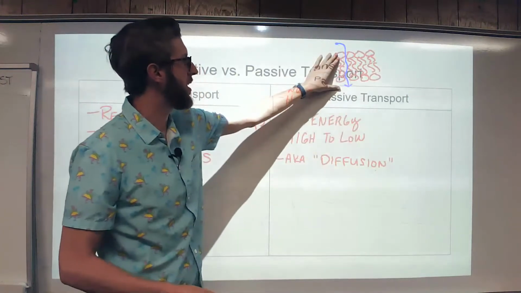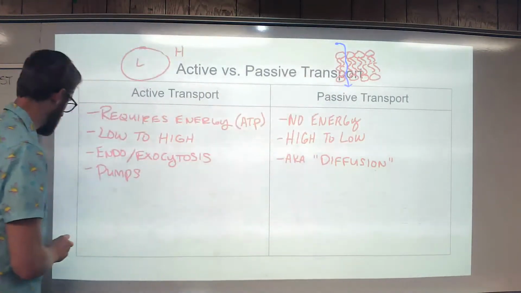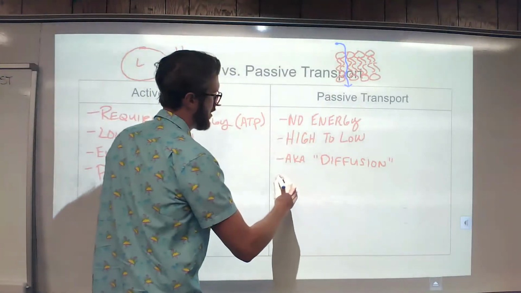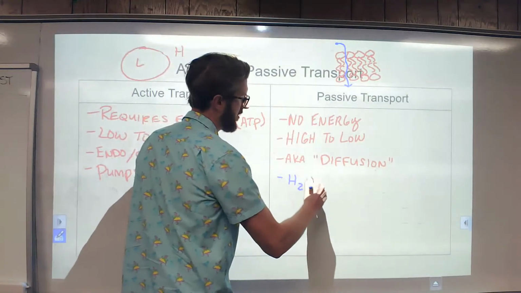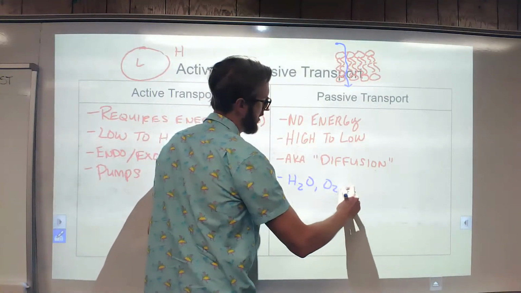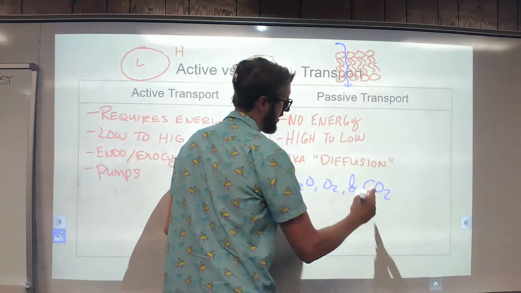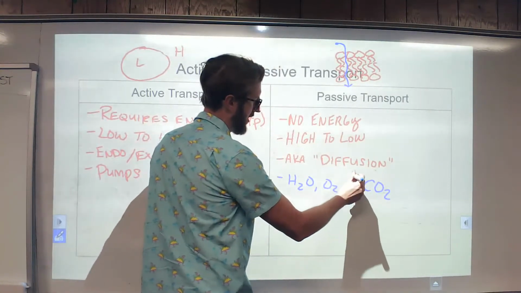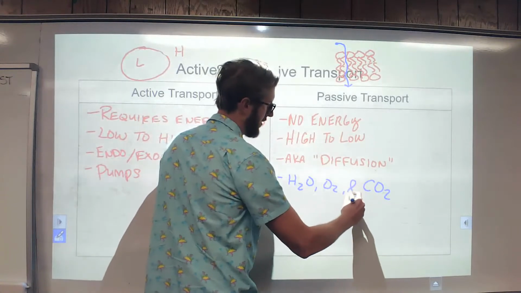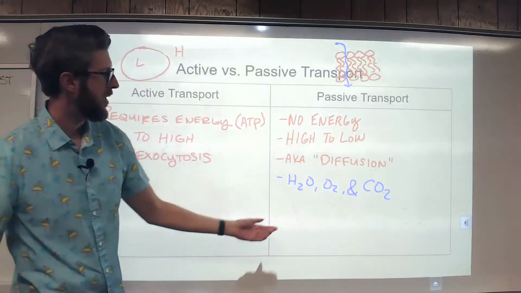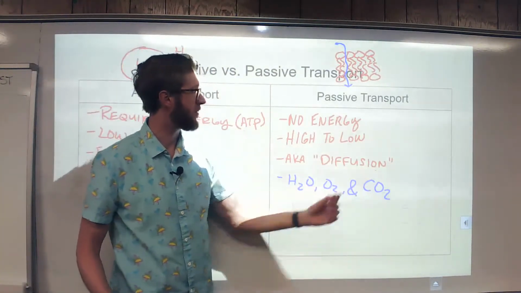And the three things that can do that are water, oxygen, and CO2. That's supposed to be an ampersand, and I'm not very good at drawing them. There we go. That's better. H2O, oxygen, and CO2.